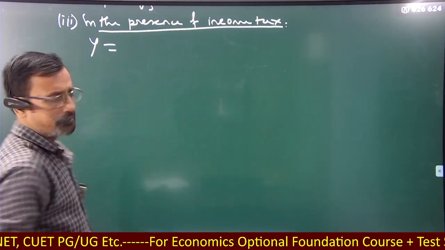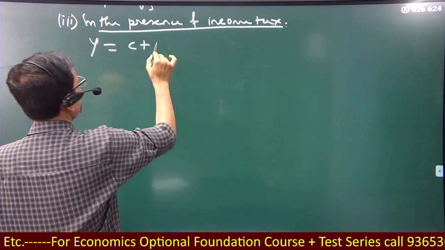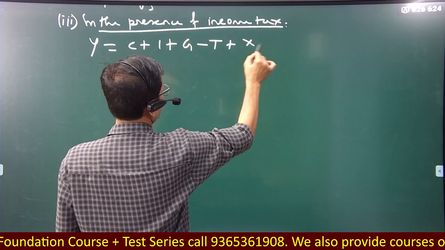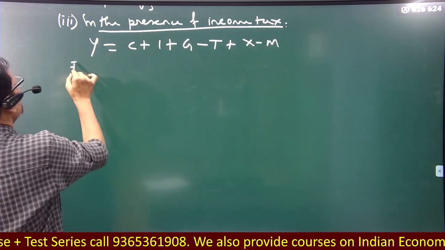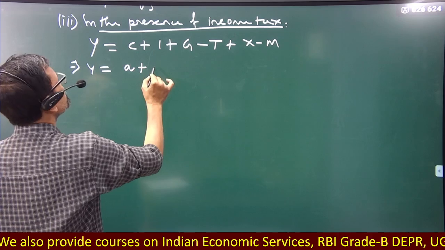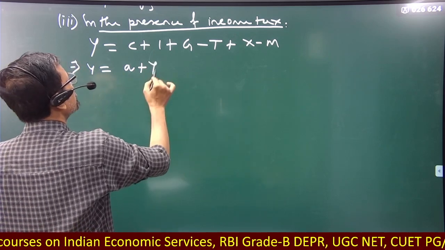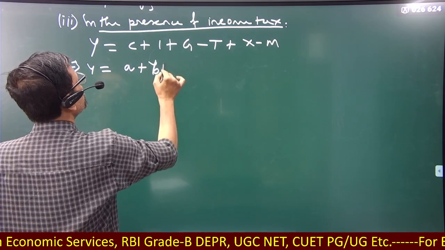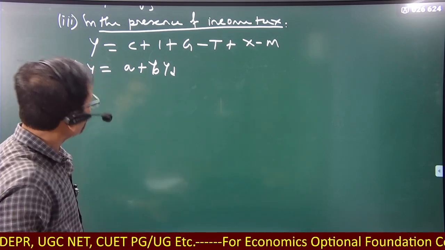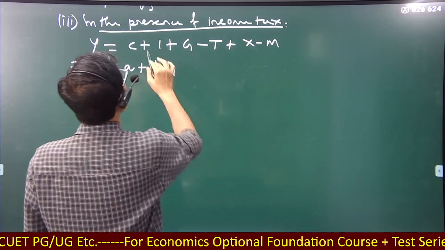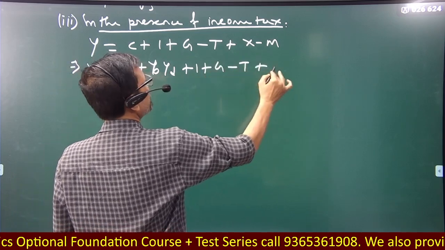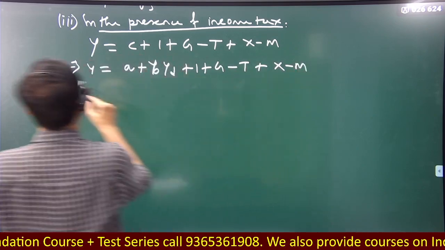income equation, that is C consumption plus investment plus government expenditure minus tax plus net export, that is X minus M. Again we can write C means autonomous consumption plus disposable income, that is BY_d, B indicating marginal propensity to consume as same as earlier, plus investment plus government expenditure minus tax plus net export.